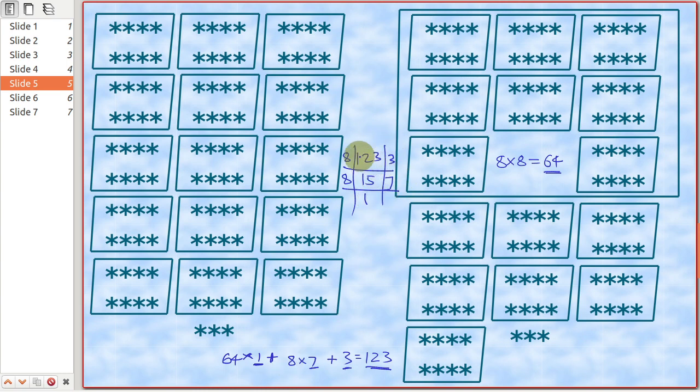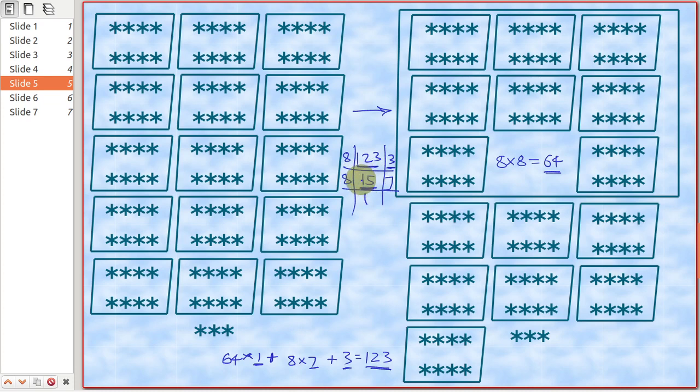So if you think about it, when you divide the number 123 by 8, what you are getting is the number of smaller boxes that you can create, each box of 8 stars, out of these 123 stars, so that is 15. So you can create 15 boxes, and there would be 3 stars left. Now when you again divide by 8, you are trying to see how many bigger boxes you can create out of smaller boxes.